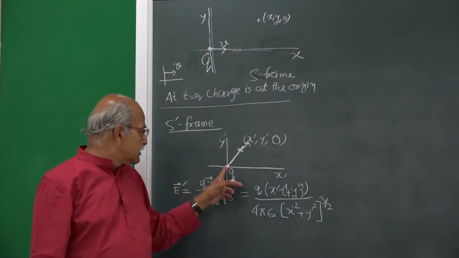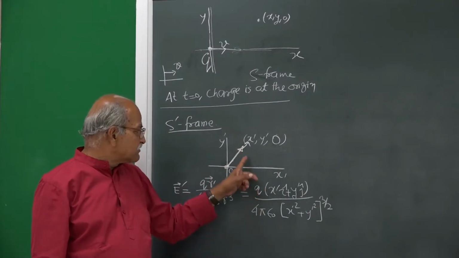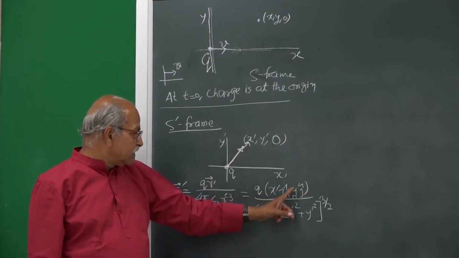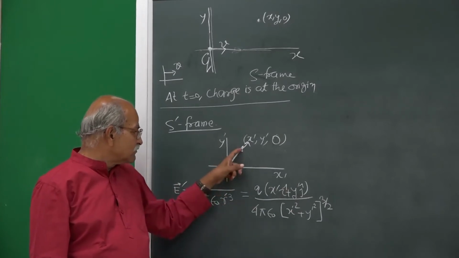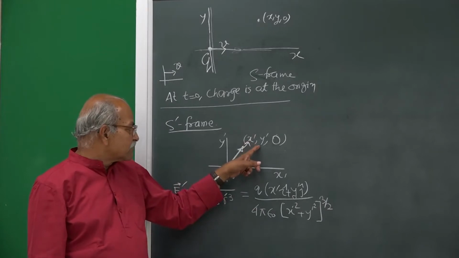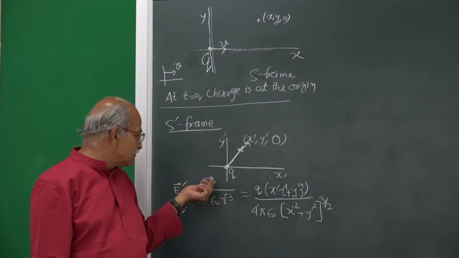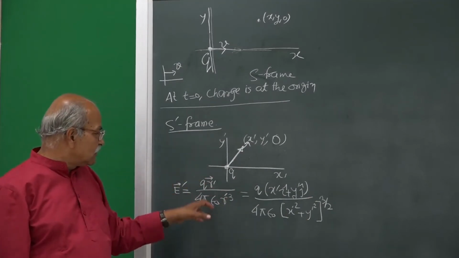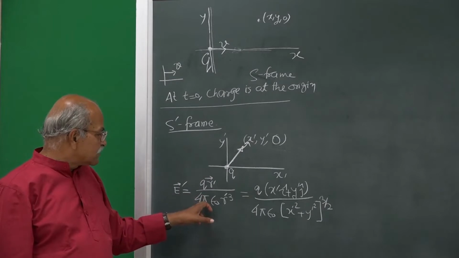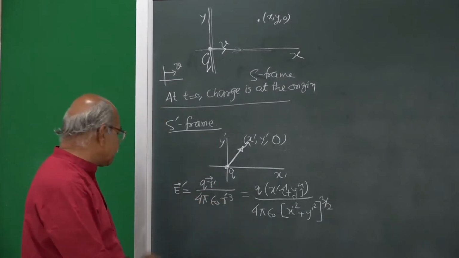So, this is r prime vector, which I write x prime i cap plus y prime j cap, and then divided by this distance. This distance is the square root of x prime square plus y prime square. So, cube of the distance. So, one distance is coming from here and cube coming from here, and if you take the magnitude, it will be q by 4 pi epsilon naught r prime square. So, this is electric field.